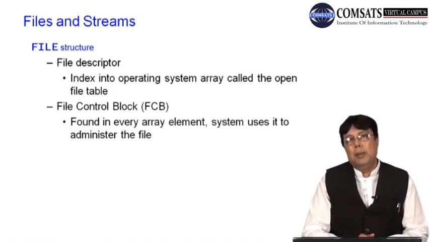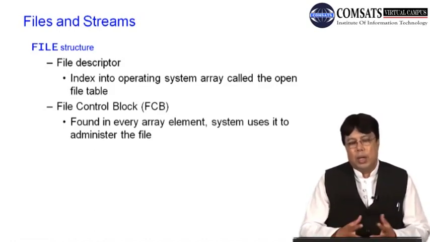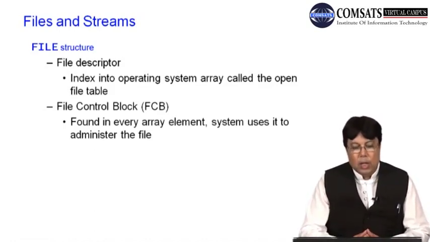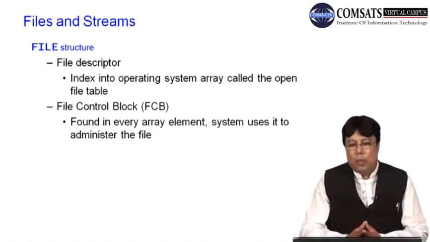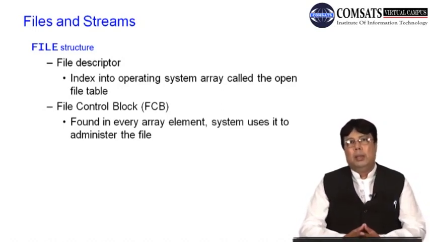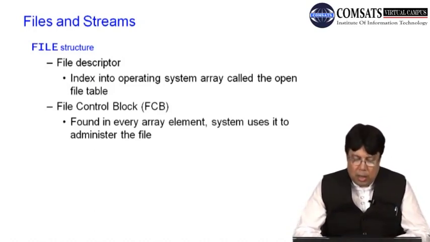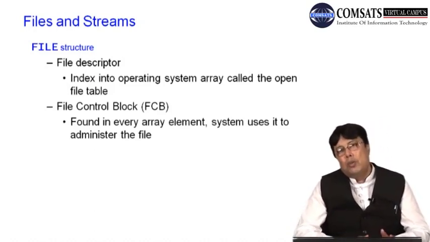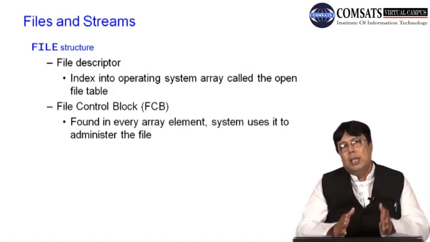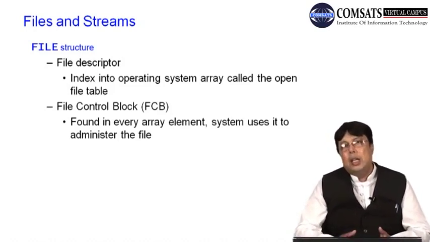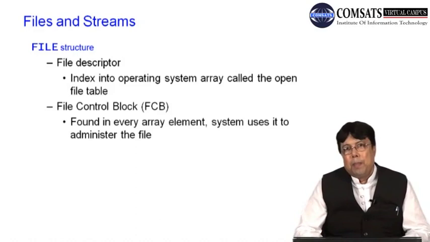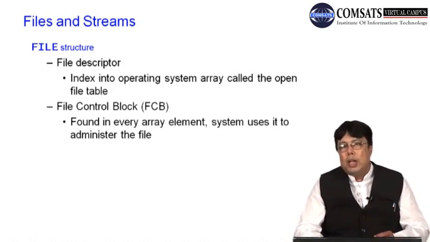I just said I'll explain what the file descriptor is. A file descriptor is basically an index into an operating system array called the open file table. Whenever you open a file with the standard command, you create a pointer to a file. This pointer is what you use to communicate with your file.